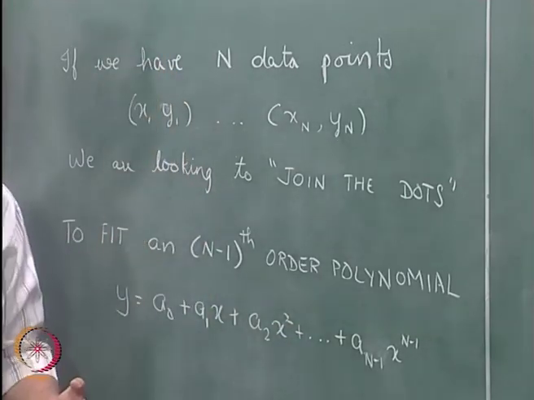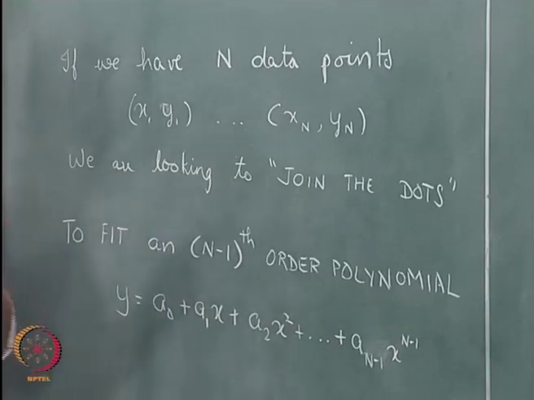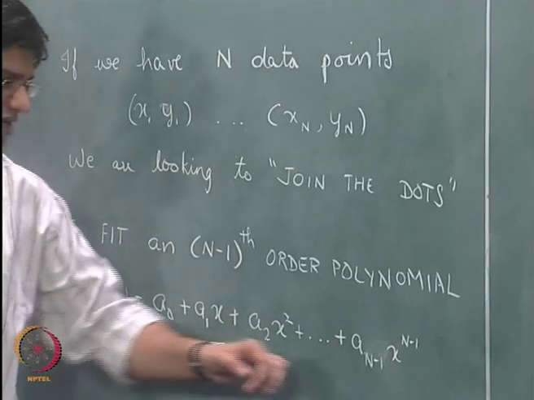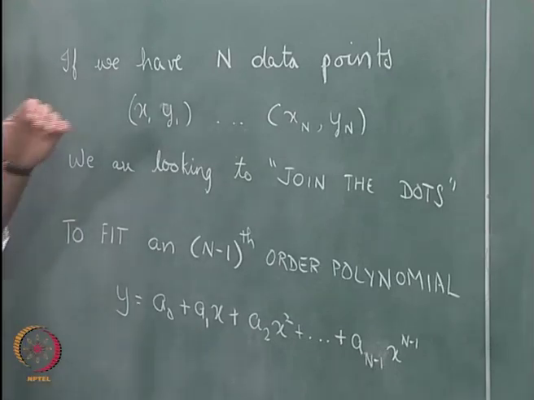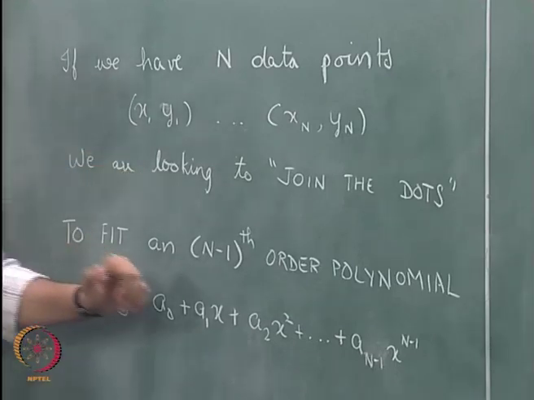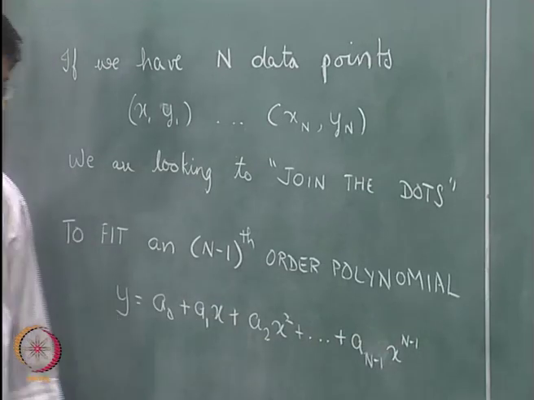So we have n equations in n unknowns and there will be unique values of a0, a1, a2 up to a(n minus 1) that will give you an n minus 1th order polynomial fit to this data.